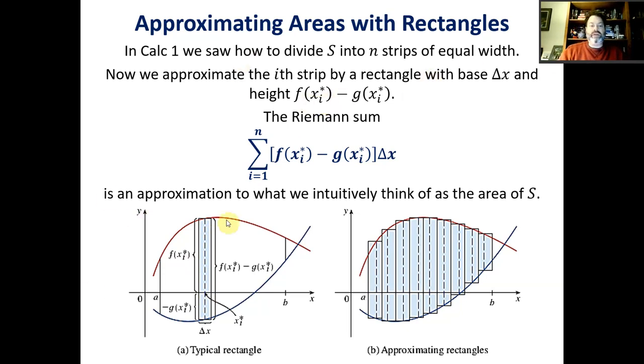that it's a rectangle, and the height of the rectangle is given by the function here. So what we're doing is, I don't know if you recall this from Calc 1, but the way it works is the star notation means that it's any point in the interval.